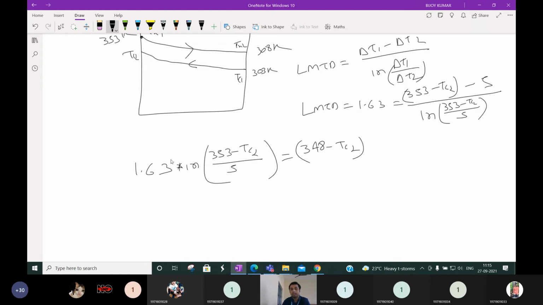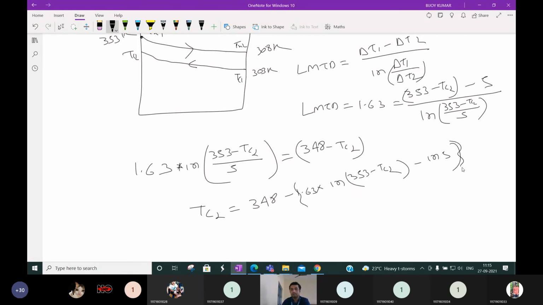In this equation only one variable is there, TC2. So TC2 will be equal to 348 minus 1.63 into ln of (353 minus TC2) minus ln of 5.